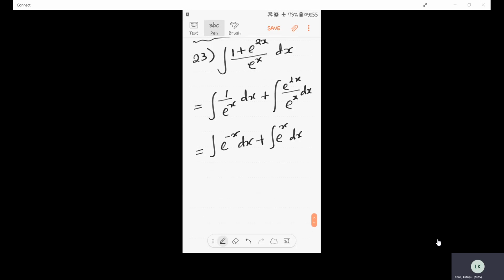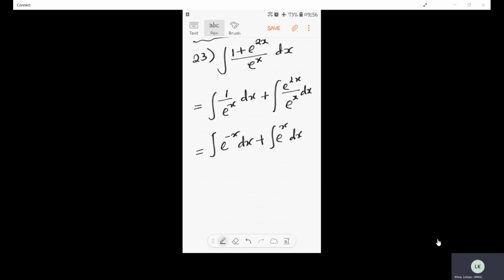Now the integral of e to the power of minus x dx, here you can use a substitution, but it's not difficult to see, because when integrating we're looking for the function that when we differentiate, we get e to the power of minus x.